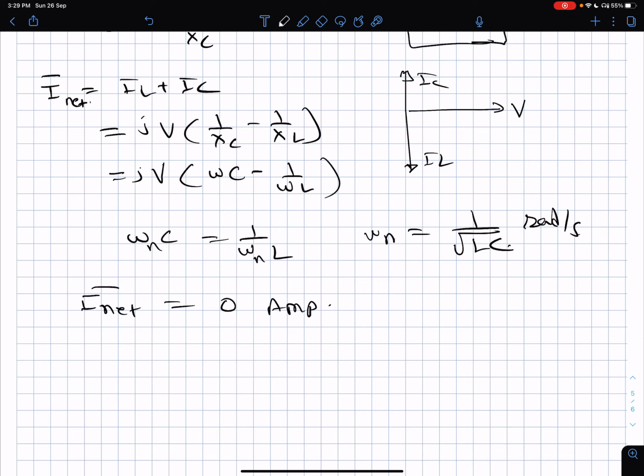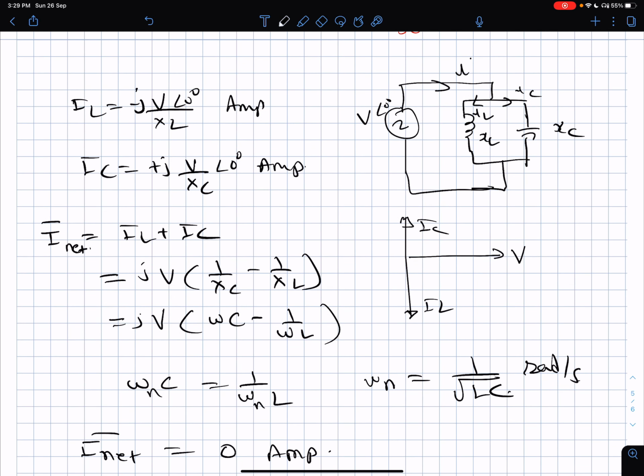What is the amplitude? 0. So what is this waveform? 0 cos omega t, or in other words I net of t is 0 identically everywhere. This situation is very interesting, is it not? Each of them draws current, but because they draw in phase opposition, nothing in the net is drawn from the source in the steady state, which means they just work among themselves, transferring energy from one to another.